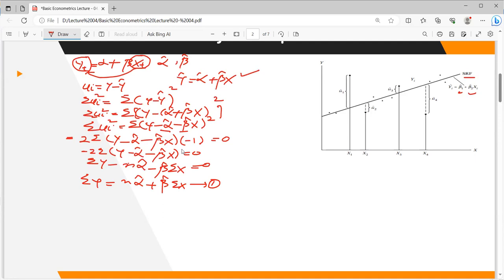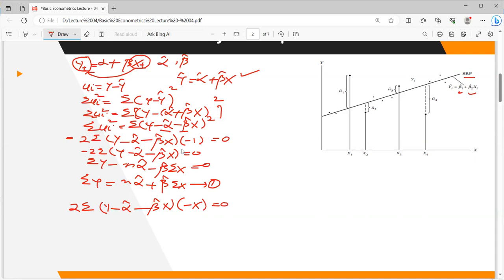We can write this as 2 summation of (y minus alpha hat minus beta hat x) into minus x is equal to 0.